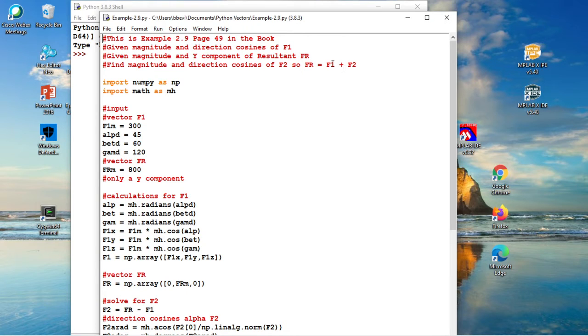With f1, you're given direction cosines and the magnitude, so you need to do some calculations there. But for this problem, all we need is numpy and math, and notice I'm importing it as mh here.